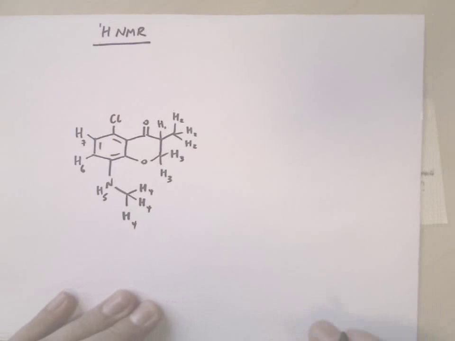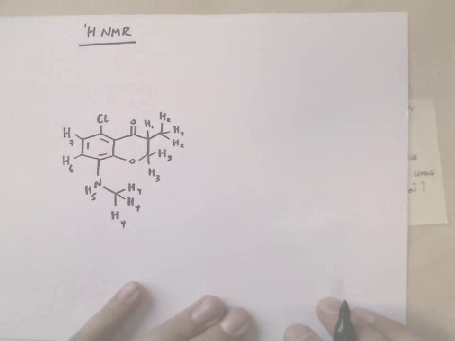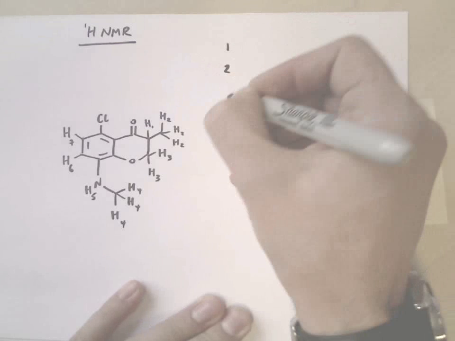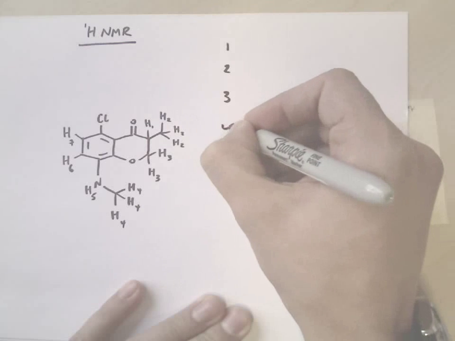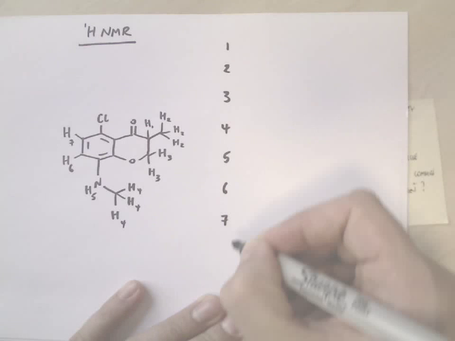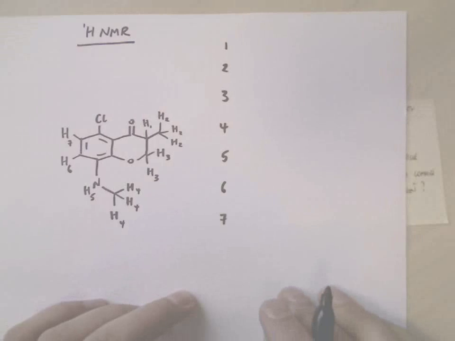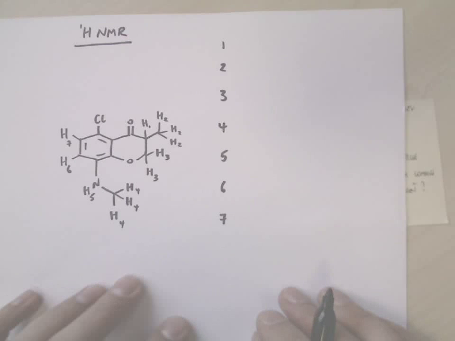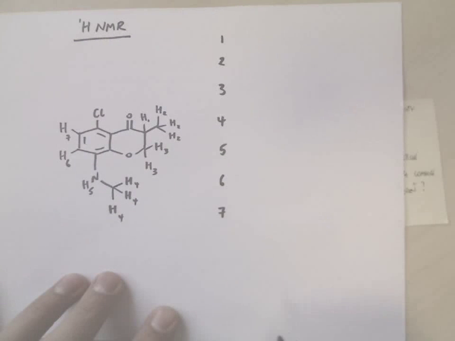So then, in order to answer the question of what the NMR of this would look like, write down the numbers of all the protons that you've identified in the molecule. And then remember, we need to identify 3 things for each peak, or each proton.